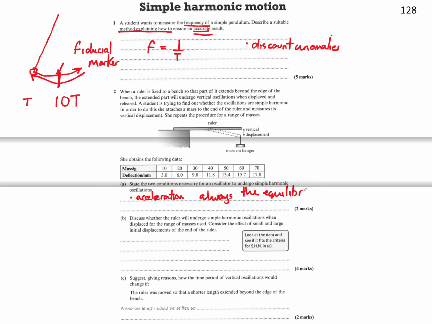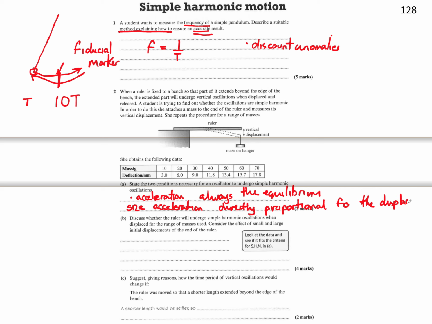And the second thing to note is that the size of the acceleration, and therefore the size of the force, is directly proportional to the displacement from the equilibrium point.